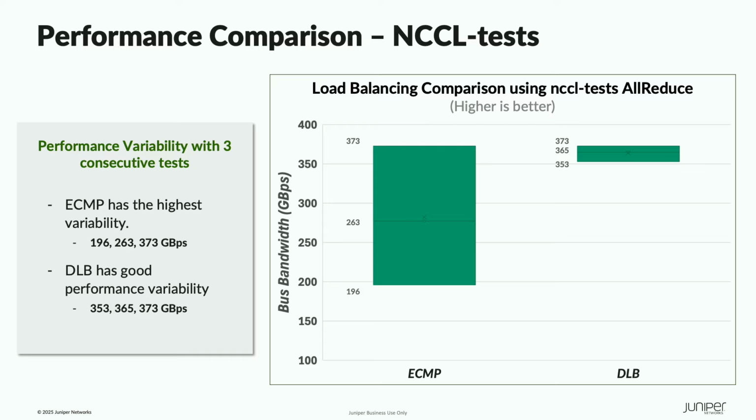One time it got really lucky and had peak performance, but the next time it was 196, and the third time around 263. And this is in a controlled environment, whereas in real clusters where multi-tenant traffic is hitting, this variability can really hurt. Whereas DLB reduced that variability band to a very narrow one, 373 to 353, which is really good.